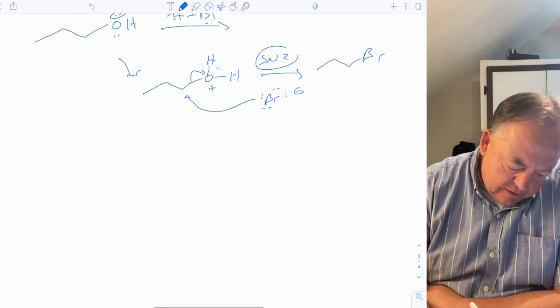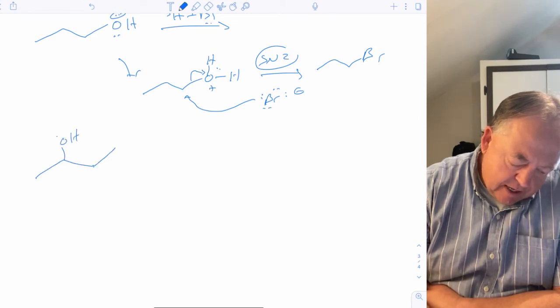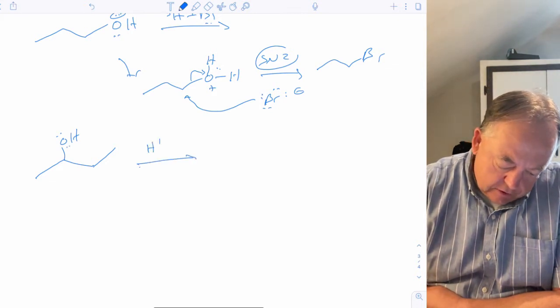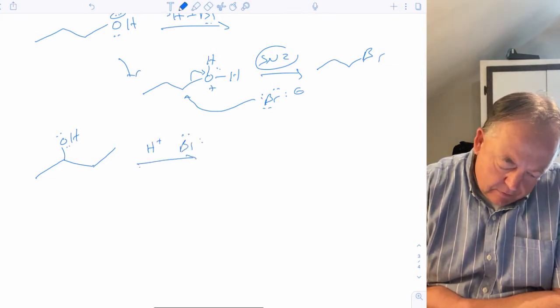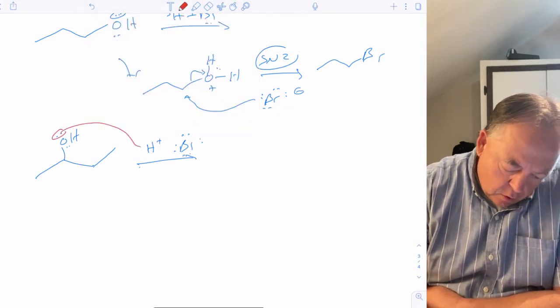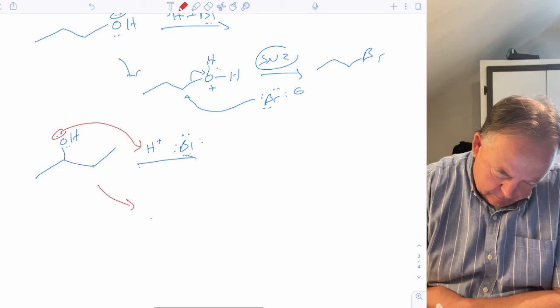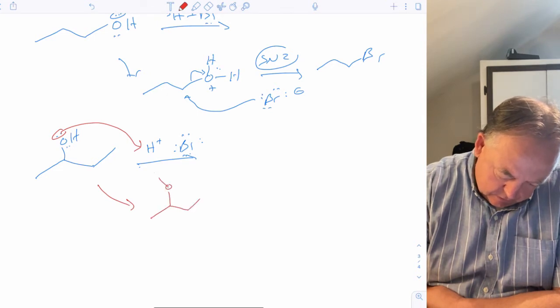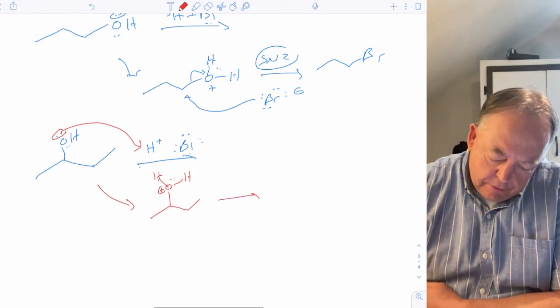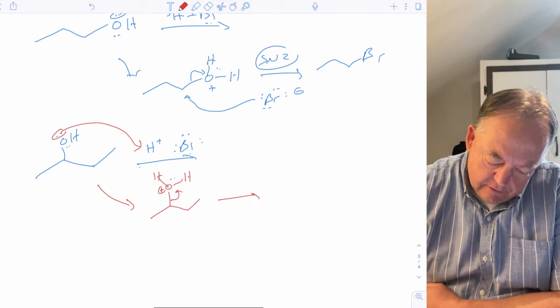And so the main difference being if it's secondary or tertiary instead, then it's going to be an SN1-like mechanism. So same basic mechanism at the start. You would protonate the OH to make a molecule of water, but that's a good leaving group, so it can leave.